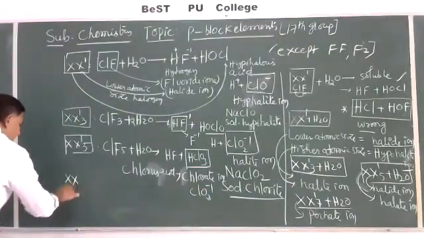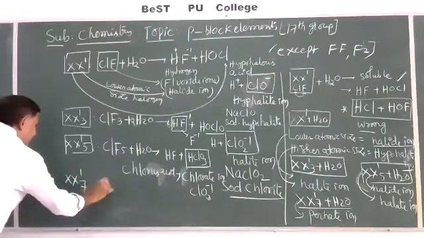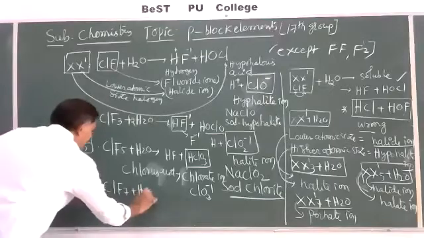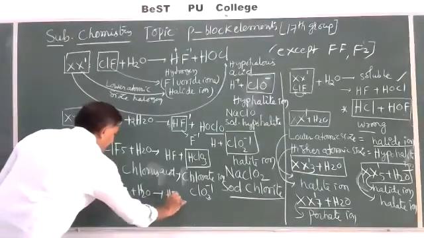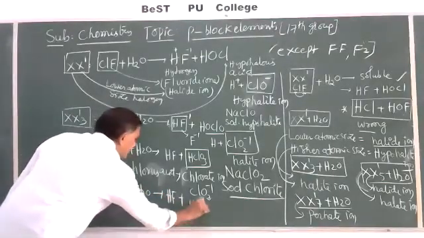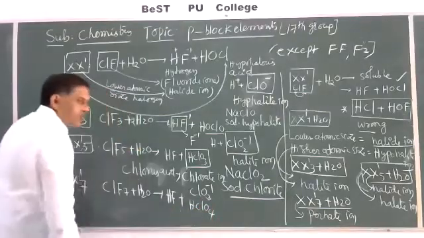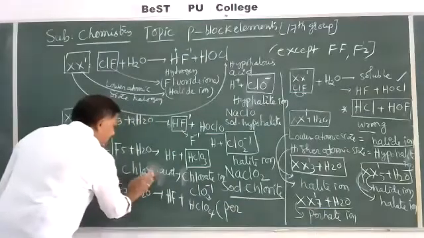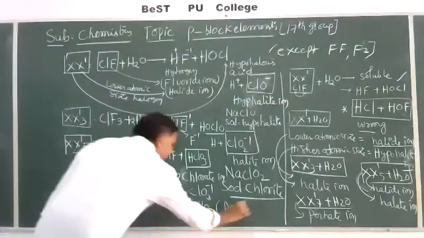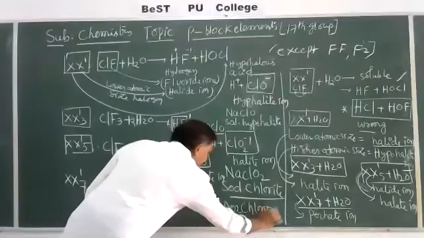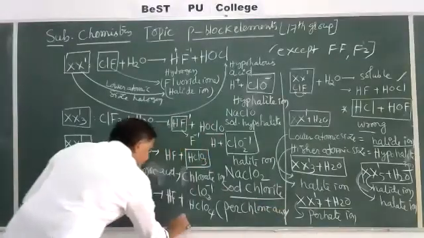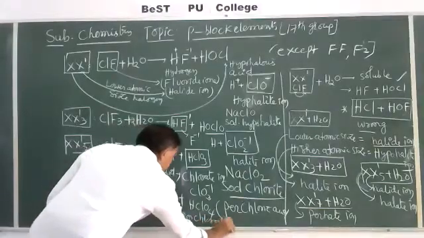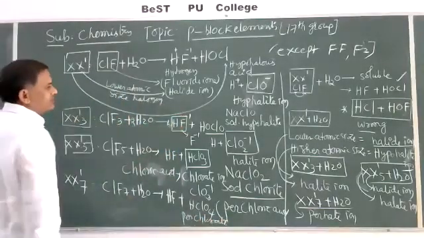Similarly, X dash 7, ClF7, is reacted with water and gives the same corresponding HF plus HClO4. This is perchloric acid. Now that perchloric acid gives perchlorates.